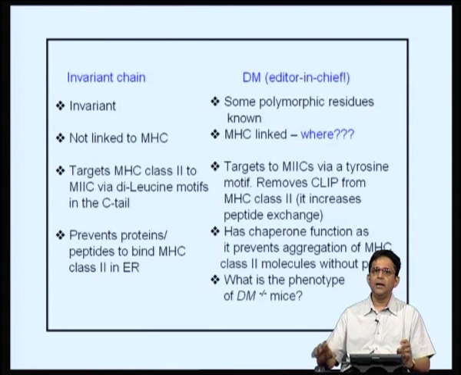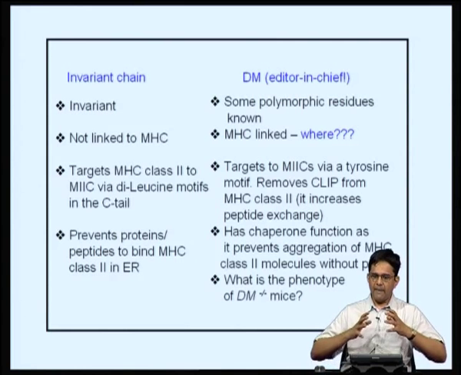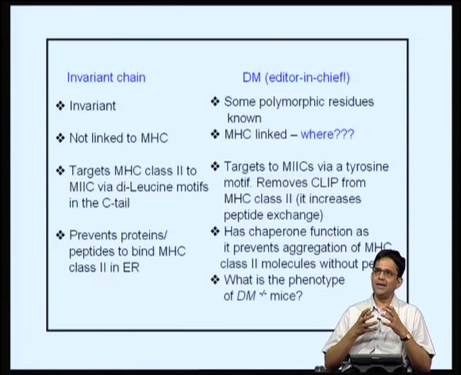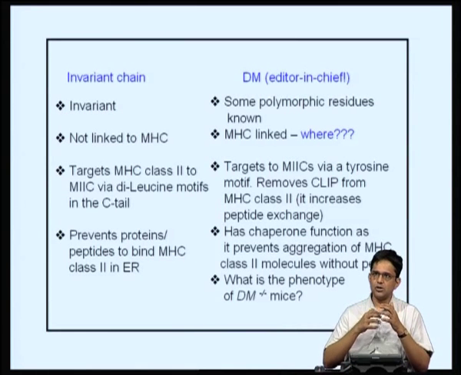So, what would be the phenotype of an invariant chain knockout mouse and a DM knockout mouse? In the case of an invariant chain knockout mouse, the MHC class 2 molecules will be stuck in the ER because they would not know how to go to the M2C in the absence of invariant chain. So there would be no expression of MHC class 2 on the surface.